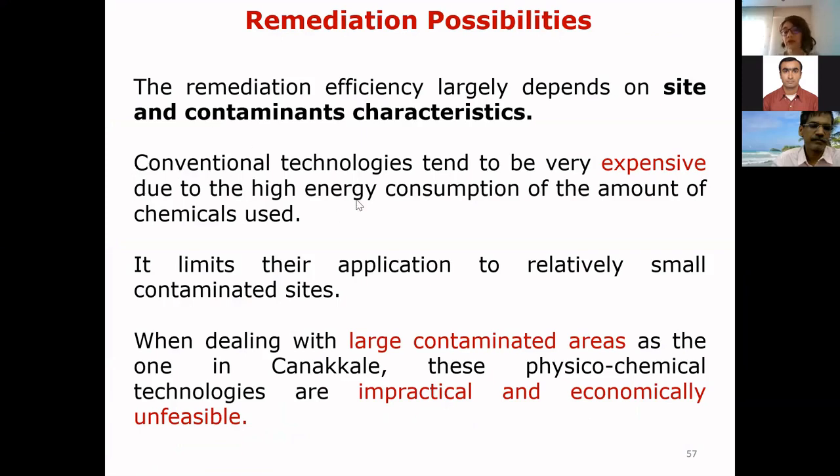And conventional technologies tend to be very expensive due to high energy consumption and also maybe more harmful than the modern techniques because we can use more chemicals to remediate this site. Because of this, it limits their applications to relatively small contaminated sites. For that, when we think about large contaminated areas like Çanakkale, these physicochemical technologies are impractical and economically unfeasible.